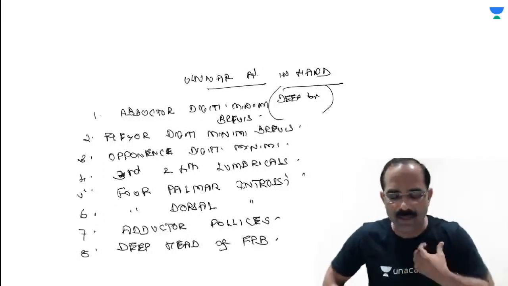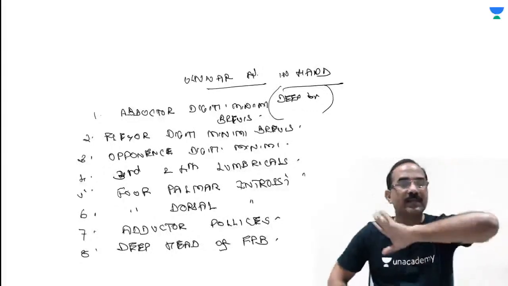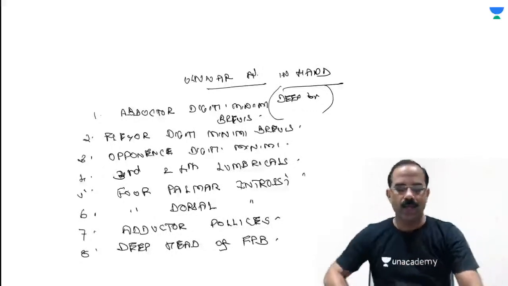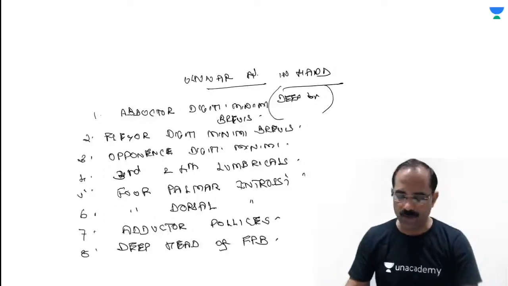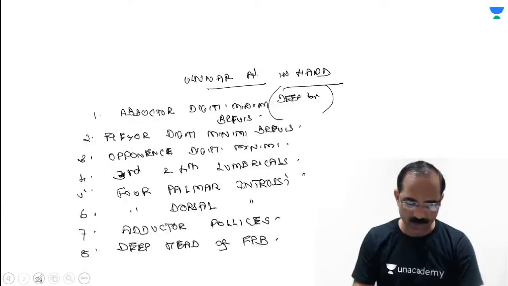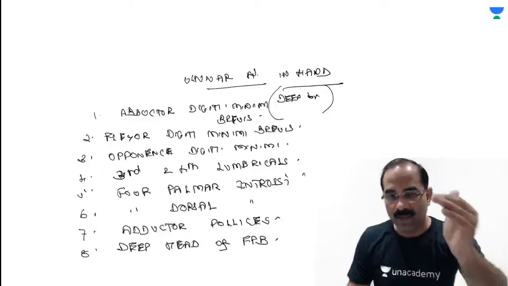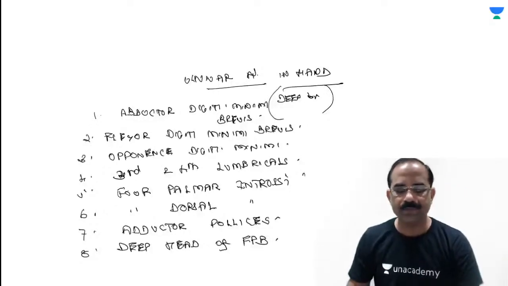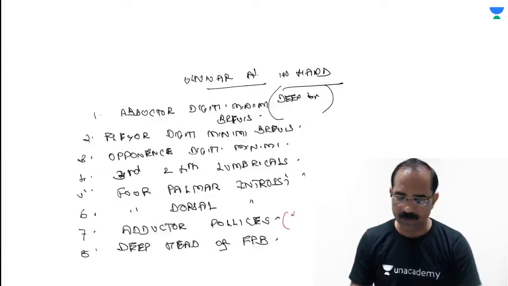What is that muscle? Can anyone tell me? This muscle, where the ulnar nerve goes and buries itself, that's the end of ulnar nerve, and this muscle is therefore called the graveyard of ulnar nerve. Any guesses? Out of these 15 muscles, who's known as the graveyard of ulnar nerve? That's the adductor pollicis.